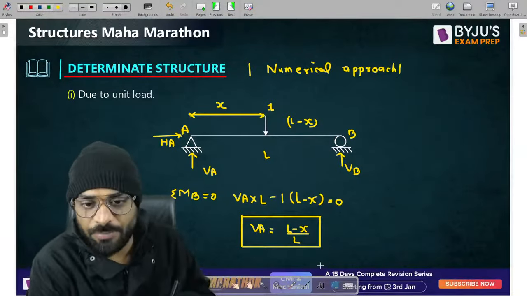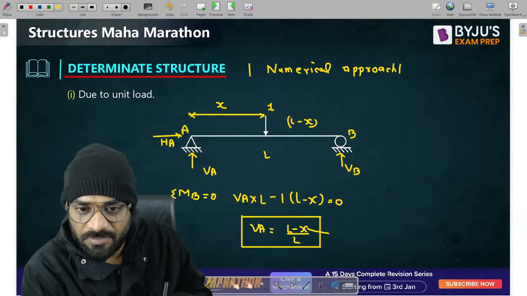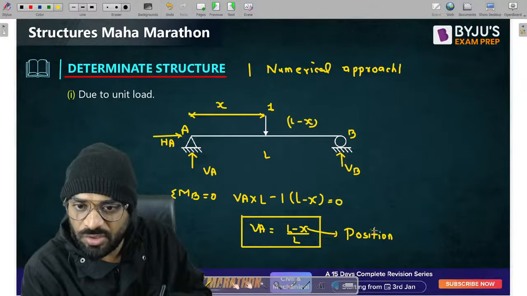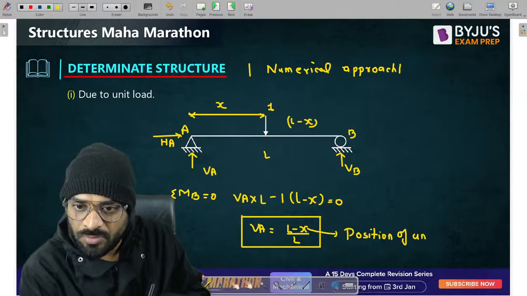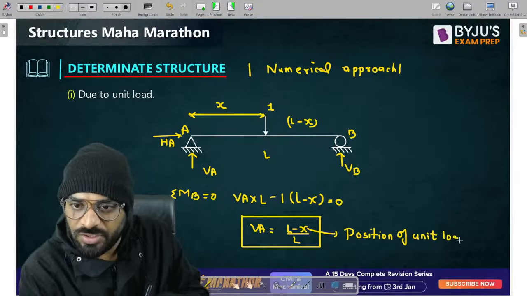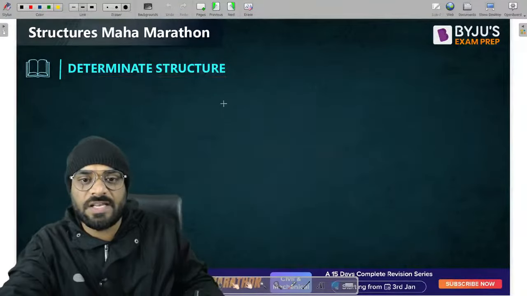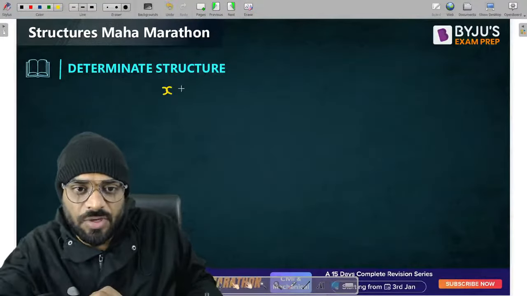Very nice. Please remember, it is the position of unit load. So in this case, can I say that X can vary from 0 to L?